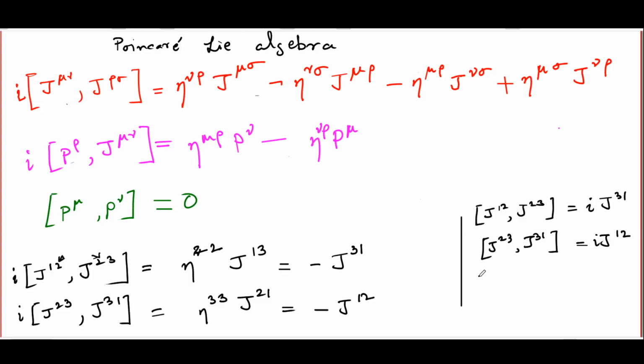And the third commutation relation that we can write down in this set, which is that of J31 and J12. I'm pretty sure you can write this down without even working it out, or working it out in your head, eta 11 times J32 with a minus I, and that's really I times J23.